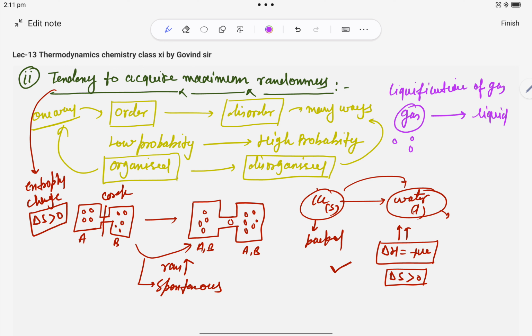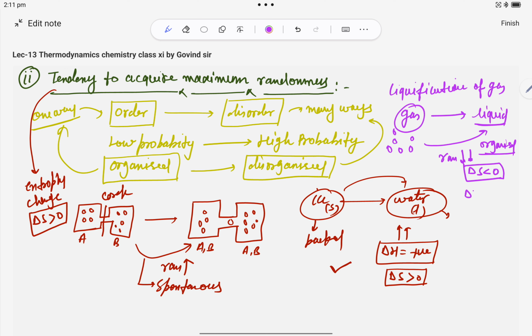Gas molecules are like this, an unorganized system, and here liquid is what? As compared to gas, it is organized. If it is organized, then here randomness decreases. Delta S is less than 0 because randomness decreases.